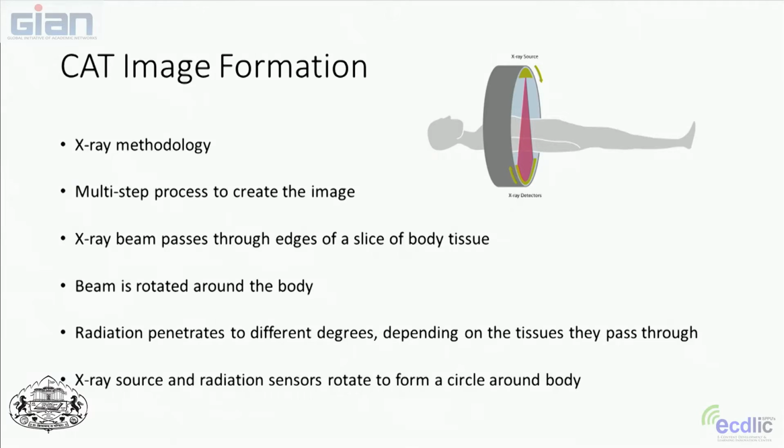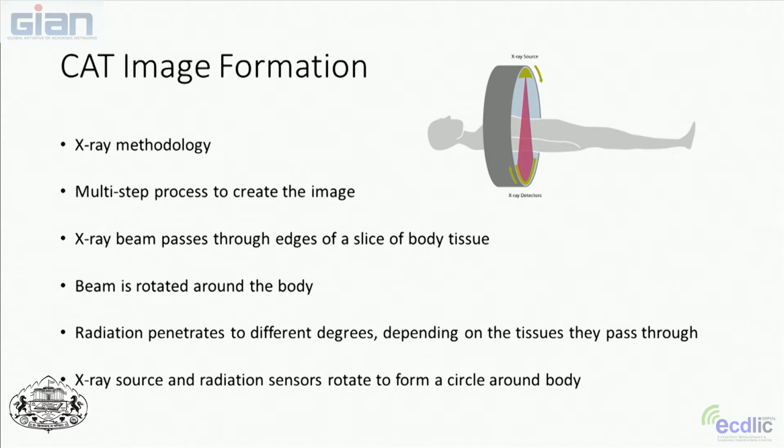So how are these CAT scan images formed? Well, again, they use the X-ray methodology, but it's a multi-step process to create the image. So you see the person lying there, and the X-ray source moves circularly around the body, and the X-ray beam passes through a slice of body tissue, and the beam is rotated around the body.